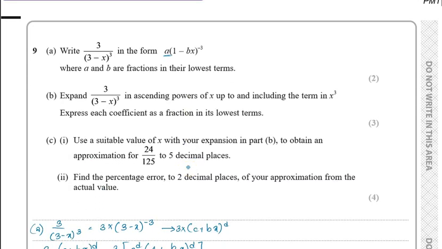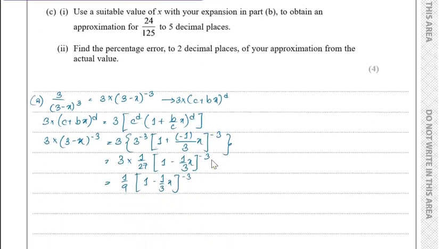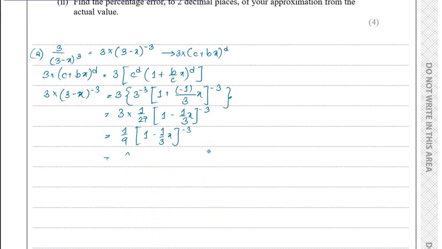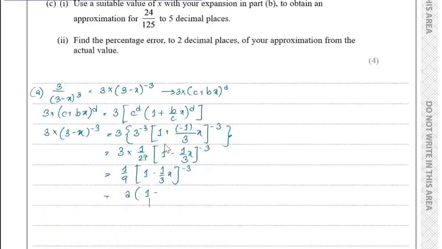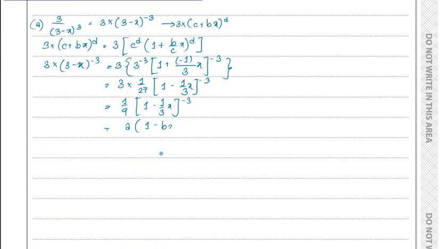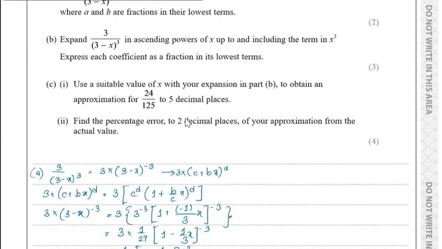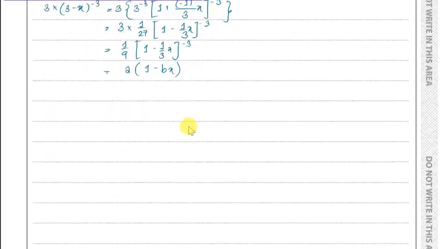And we have actually written it in this form: a bracket 1 minus bx to the power minus 3, right? Yeah, to the power minus 3.